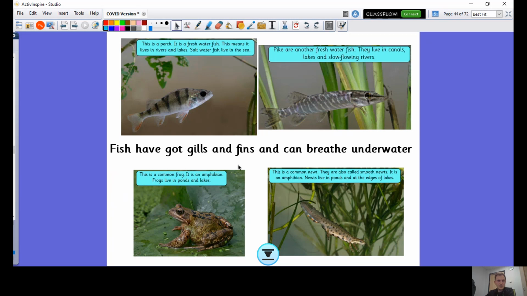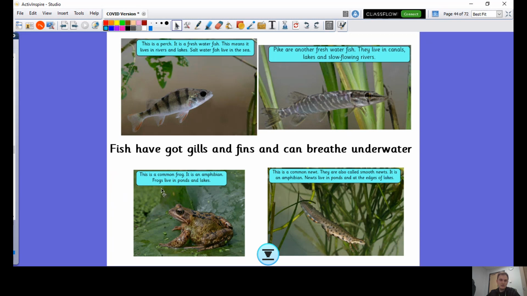It says here, fish have got gills and fins. Those are the key features I was just pointing out to you. These are called fins, and they help the fish to maneuver or move through the water. And they have gills, which are usually up here by their eye, and that helps them to be able to breathe underwater, which is a very, very special skill.